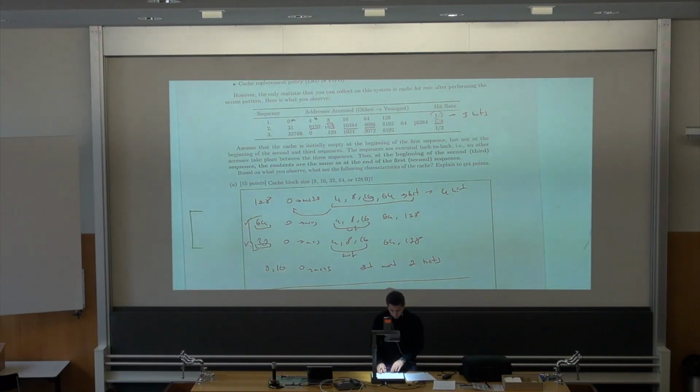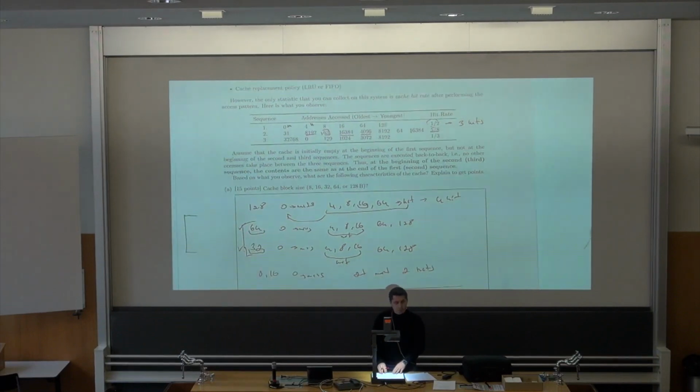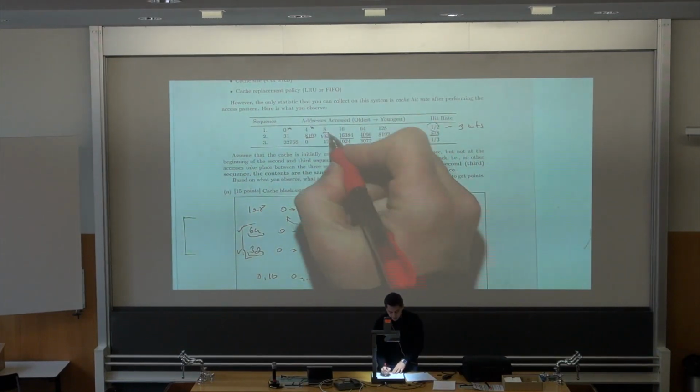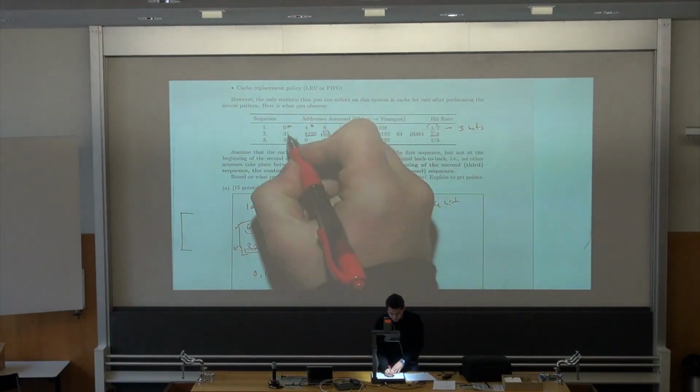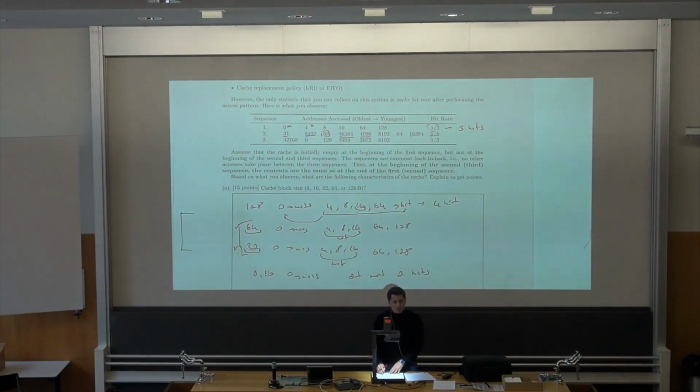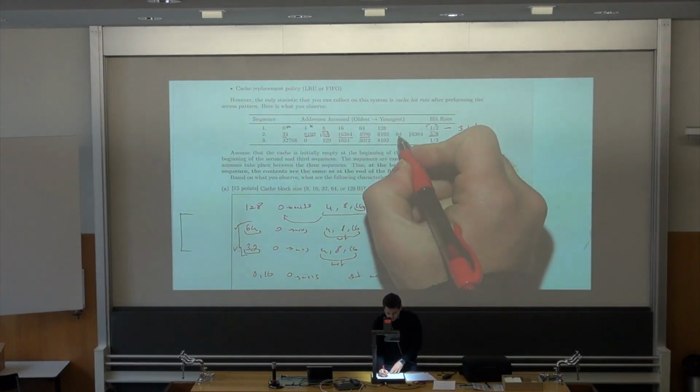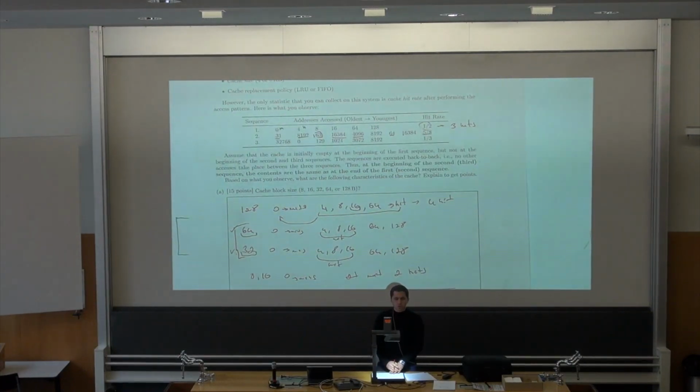So in order for this to happen, our cache size needs to be 64 so that we will also have this 63 as a hit. All right. So then 31 and 63 will be hits for us, but here 64 also needs to be a hit. But our cache size is 64.